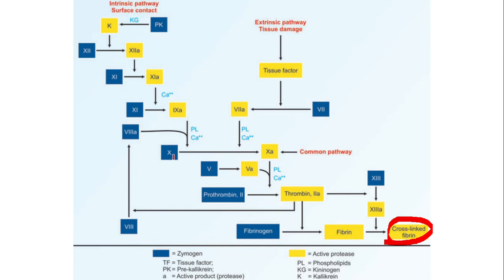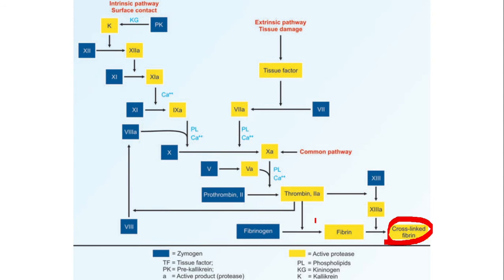Factor 10 is inactive, this 5 is inactive. 12 is inactive, 11 is inactive, 9 is inactive. You see in this figure, all the factors shown in the blue color are inactive. They are always present in the blood or in the concerned area. When there is an injury, they are activated.